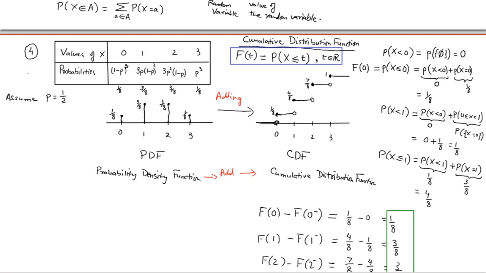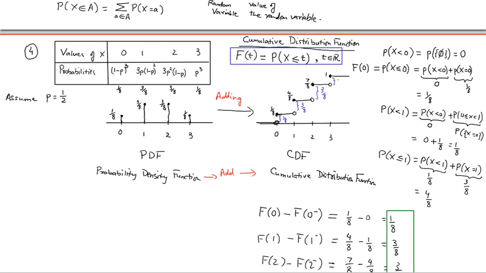And these jumps that you have over here, for example, this jump is 1 over 8, which is the probability density value. This jump is 3 over 8, which was the probability density value. This was again 3 over 8.